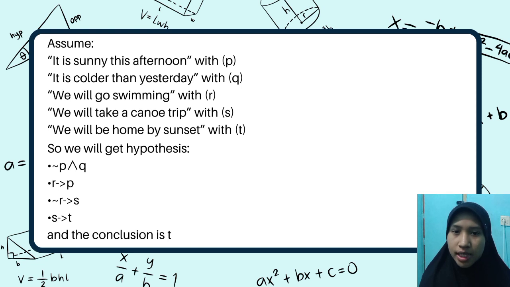So assume: it is sunny this afternoon is P, it is colder than yesterday is Q, we will go swimming is R, we will take a canoe trip is S, and we will be home by sunset is T. So we get the hypotheses: first, negation P and Q. The second is R then P. The third is negation R then S. And the last is S then T. And the conclusion that we will search for is T.